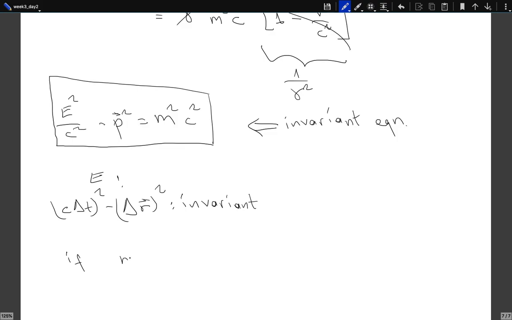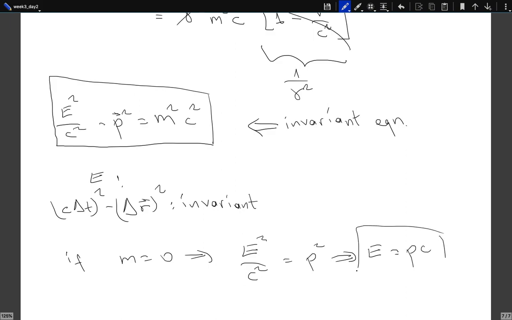If m is equal to 0, well, in that case, we know that E squared over c squared should be equal to p squared, or E should be equal to p times c. So if there is a massless particle, then its energy and momentum should be related through such a relationship.